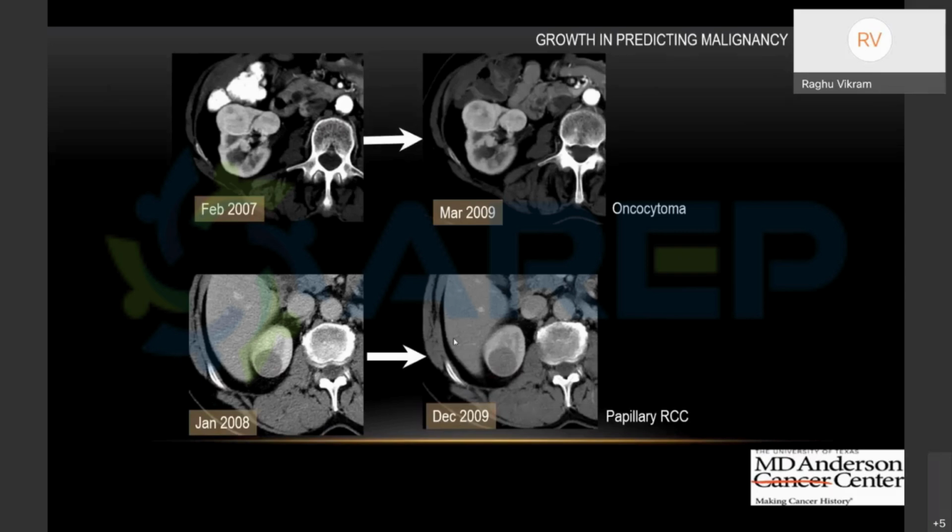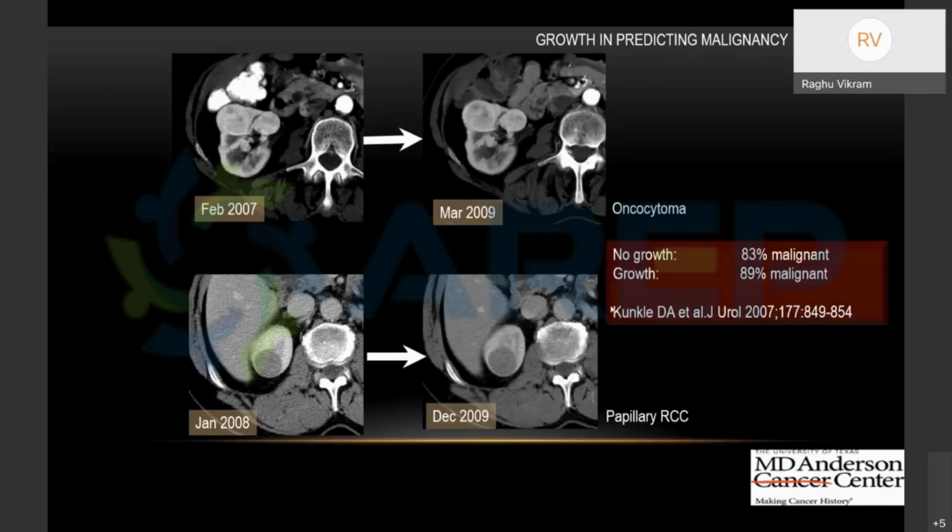And this is not very surprising, because when you look at no growth over a period of 2 years, unlike in lung lesions or whatever, with no growth, 83% of them still are malignant. They may be indolent, they may be growing very slowly, or they may not be showing many changes. And if there is growth, 89% are malignant. So it actually helps you.